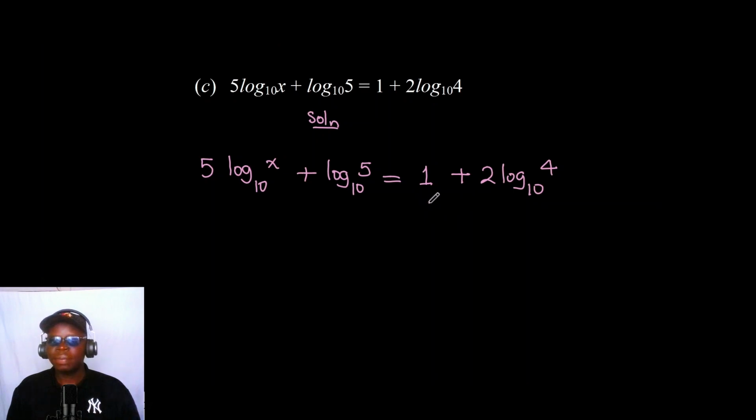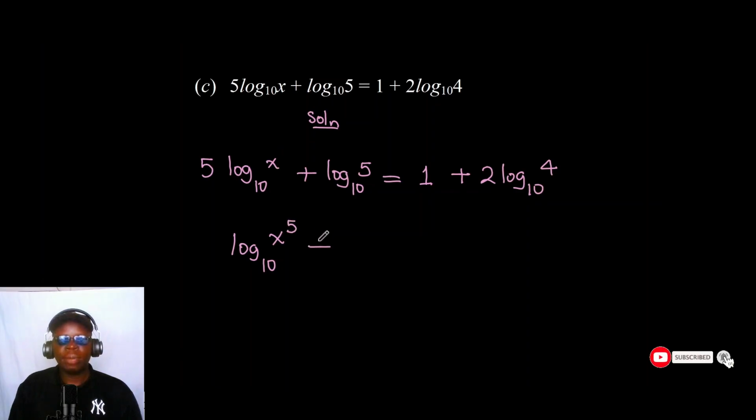You realize that when you have a logarithm with the same base as the argument, then that is equivalent to 1. So we're going to use the same trick here as we continue simplifying, using the power rule on the left-hand side, where we have the logarithm to the base of 10 of x. So when we raise this, we have exponent 5 plus logarithm to the base of also 10 of 5, that is equal to.